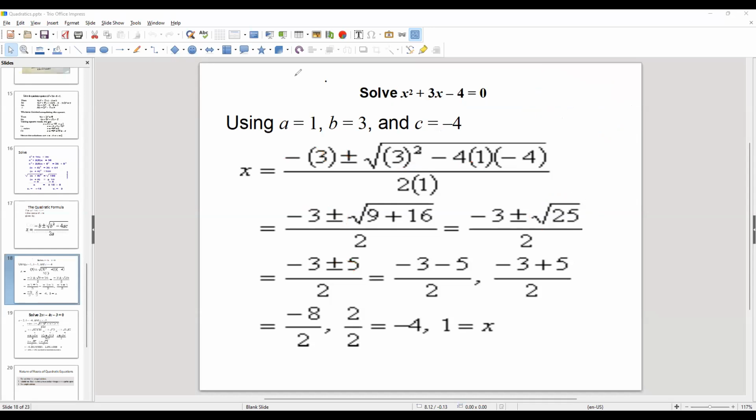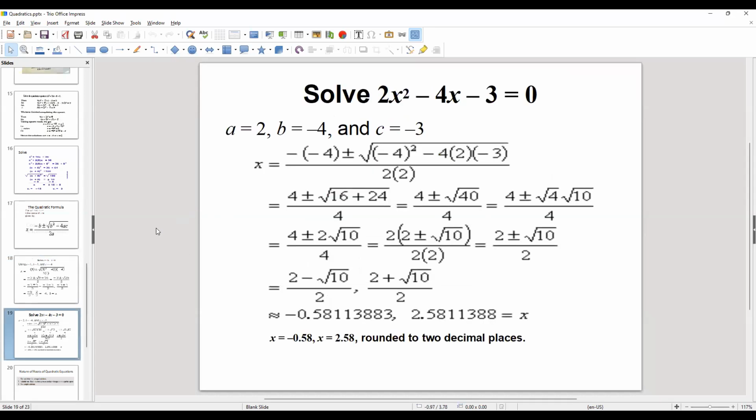Let's take a last example. Look at this one. You have 2x squared minus 4x minus 3 equals 0. So you got to figure out what's a, what's b, what's c, right? So a is this 2 here. b is minus 4, c is minus 3.